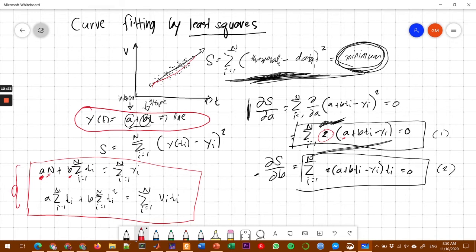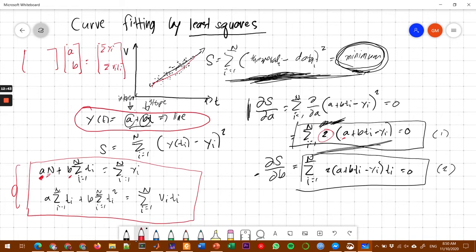So if you convert this to matrix form, this is matrix A, and then this is matrix B, and then this is the summation of y_i, this is the summation of t_i y_i.